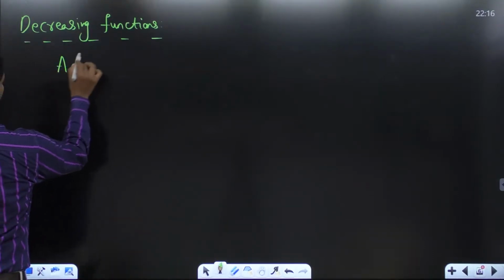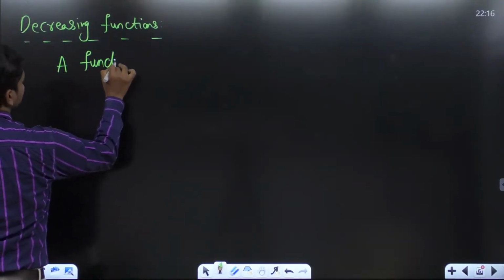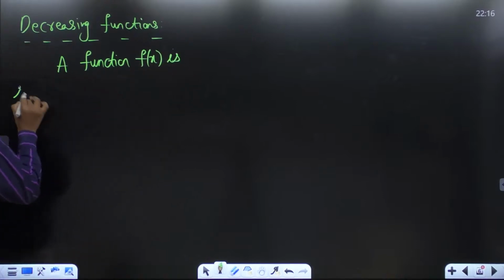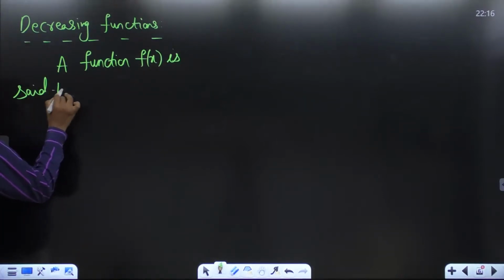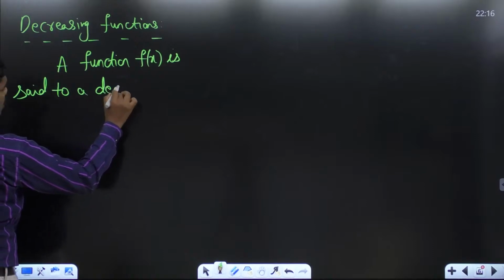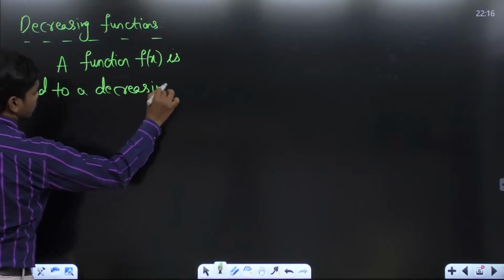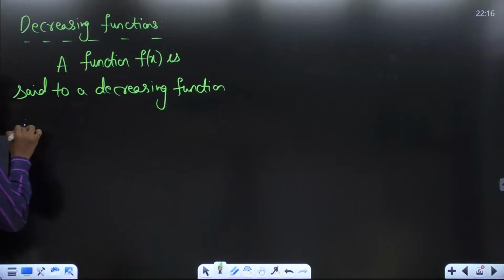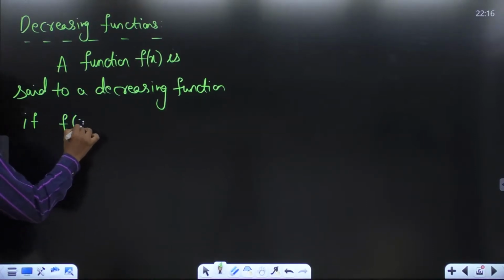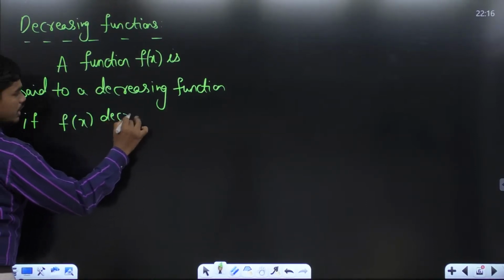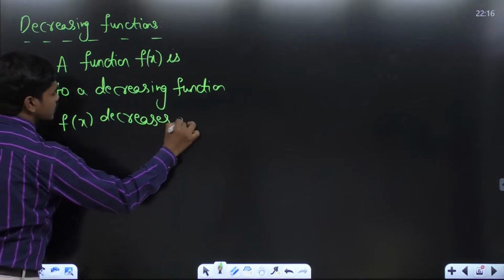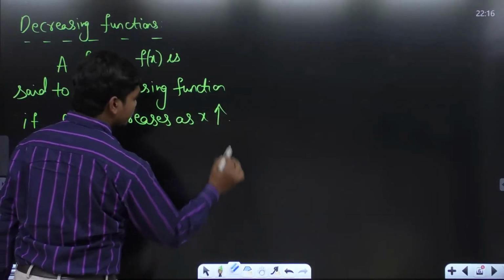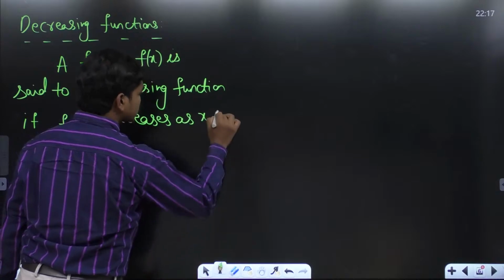A function f of x is said to be a decreasing function if f of x decreases as x increases.